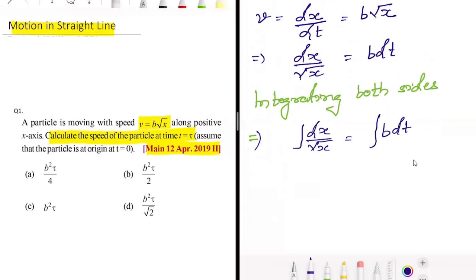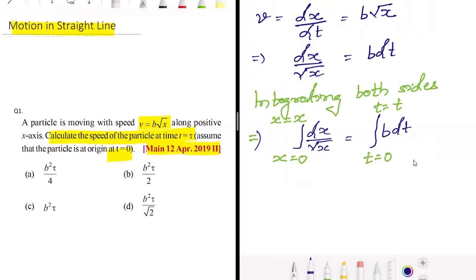Let's look at the problem keenly again. It says that at t is equal to 0, the particle is at origin, that is x is equal to 0. And at t is equal to t, the particle will be at some position x is equal to x.